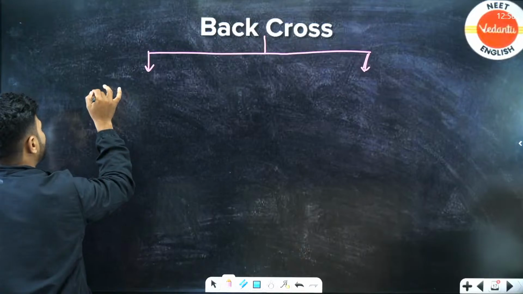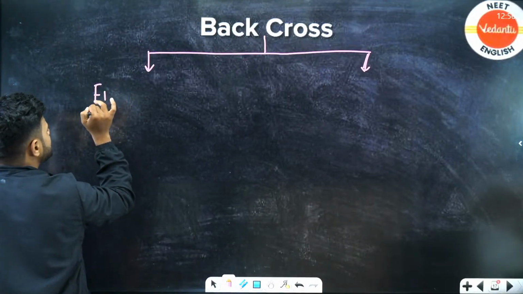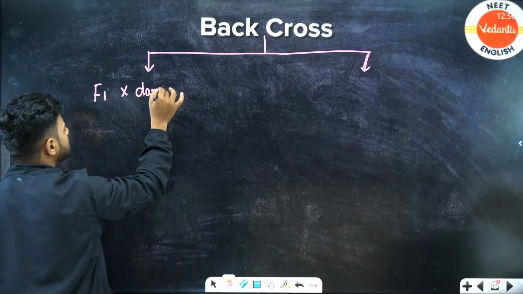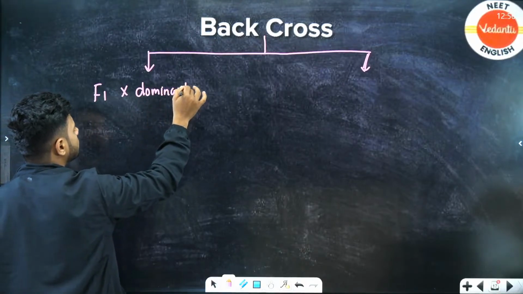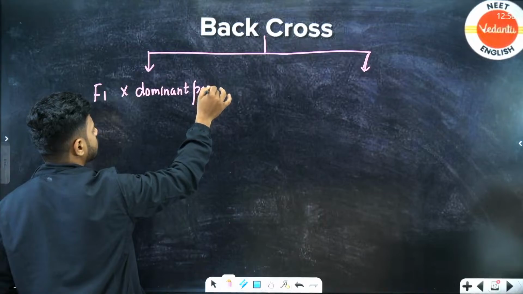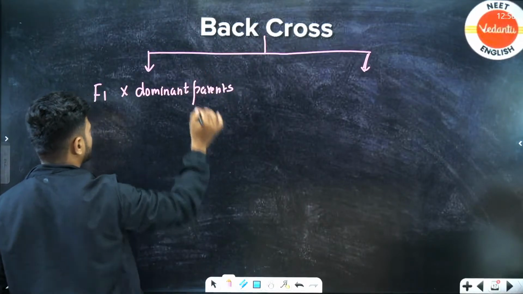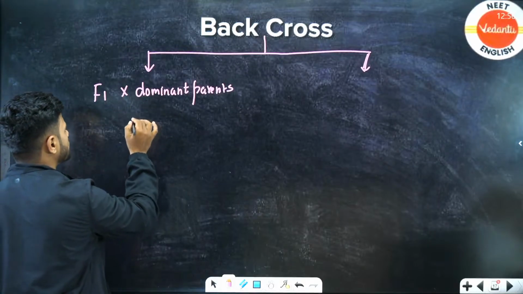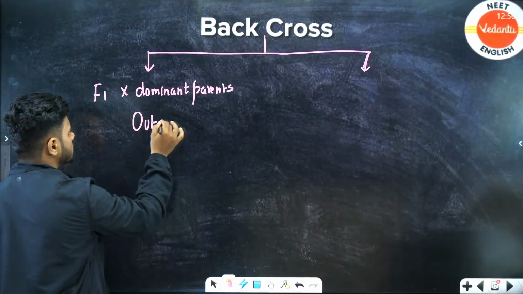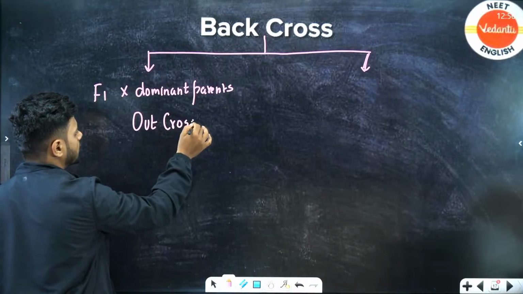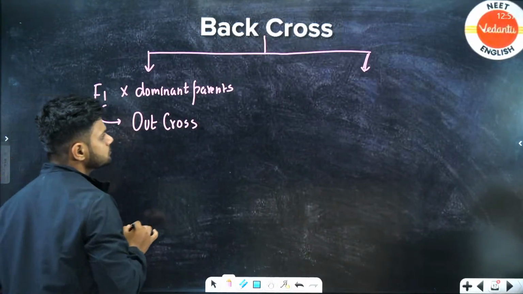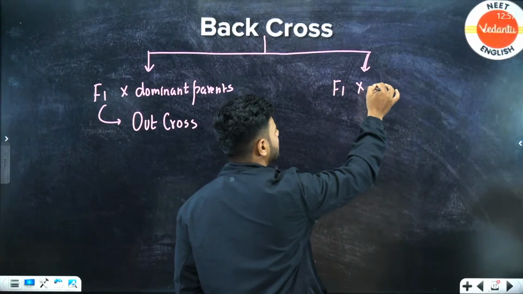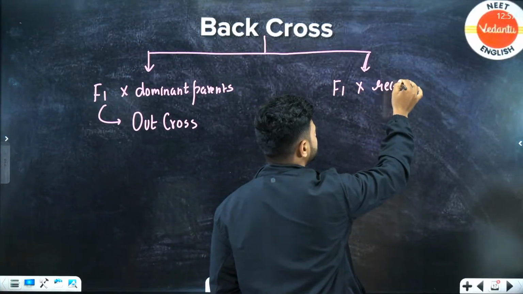In the first type of back cross, we take F1 plants and cross them with dominant parents, and such a type of cross is called an outcross. In the second type, we take F1 and cross it with recessive parents.